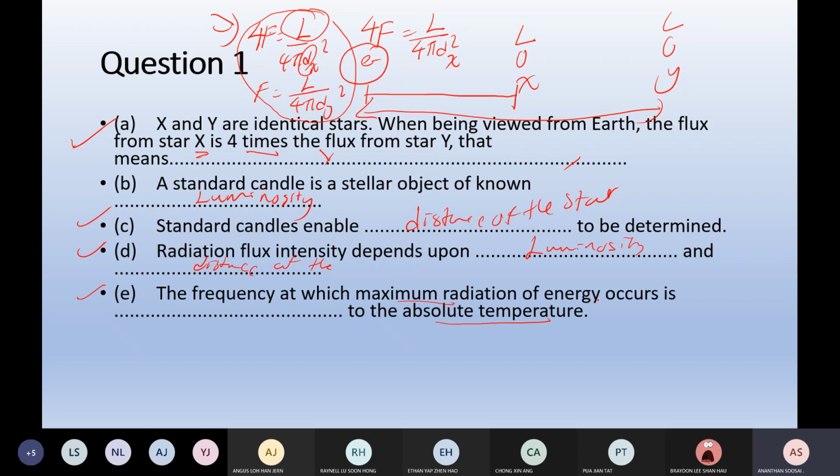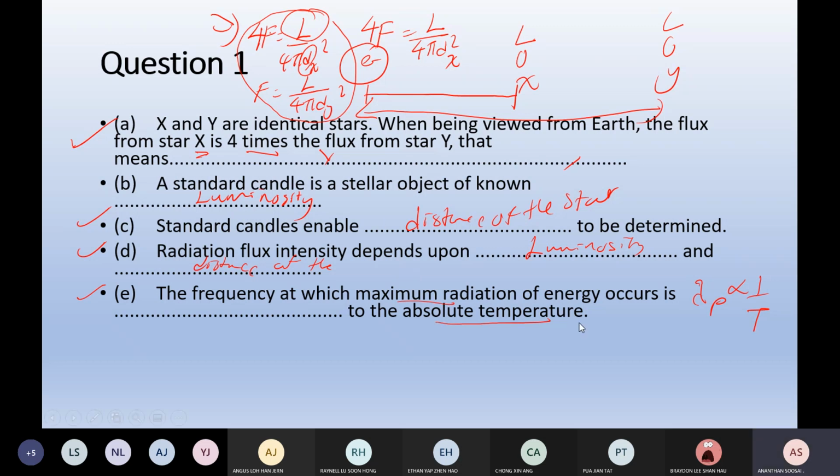Many times I told you, Wien's law. So lambda max is inversely proportional to the absolute temperature of the black body. This temperature we call absolute temperature, or thermodynamic temperature, the temperature in Kelvin.